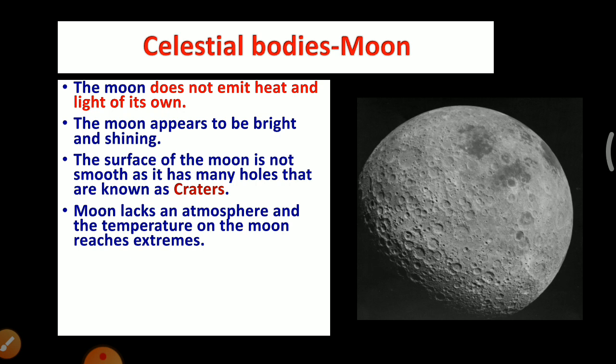The moon lacks an atmosphere, and the temperature on the moon reaches extremes. This temperature of the moon reaches extremes. How? During night time, the temperature can drop below minus 173 degrees Celsius.